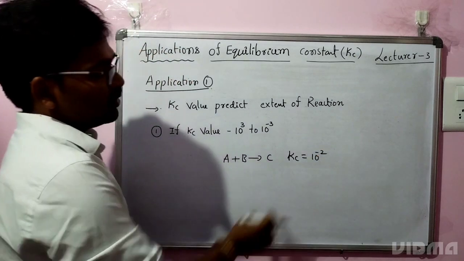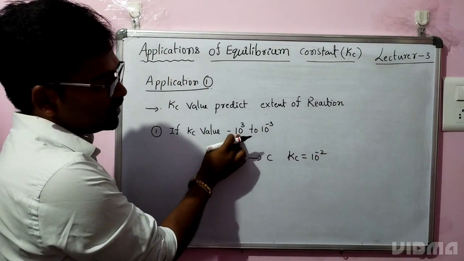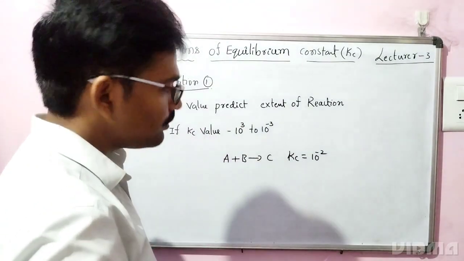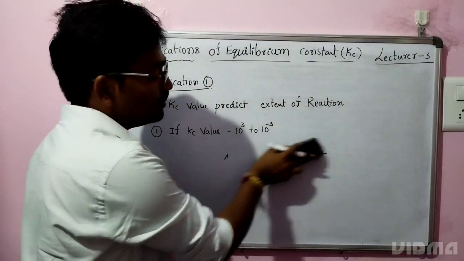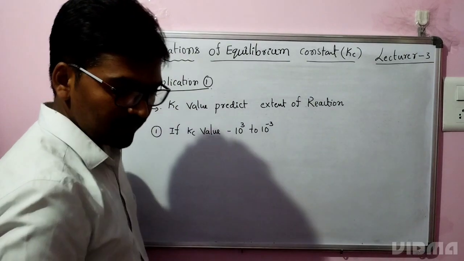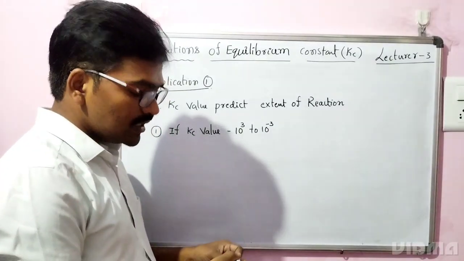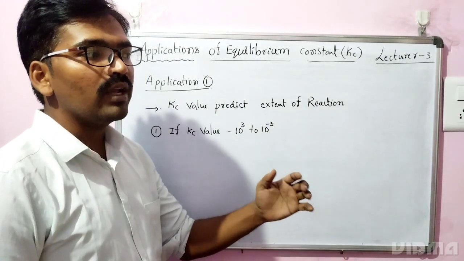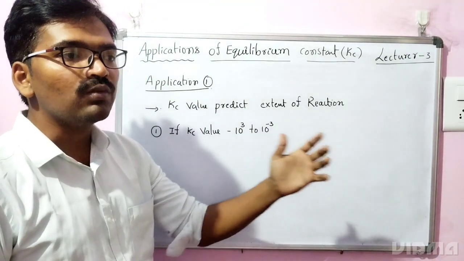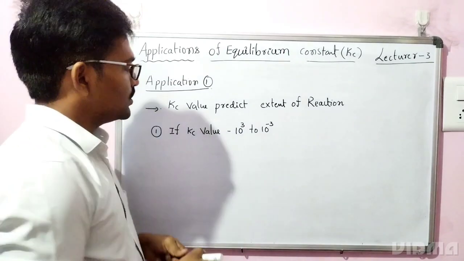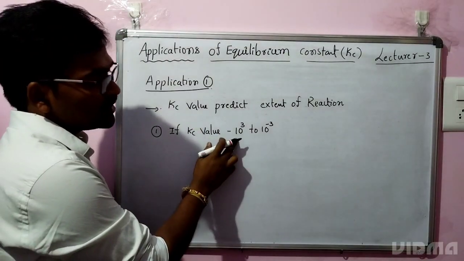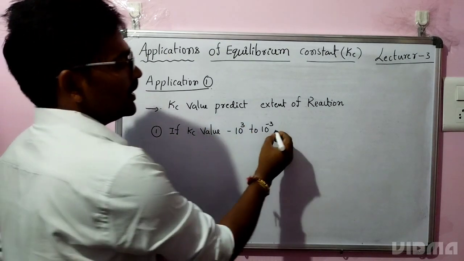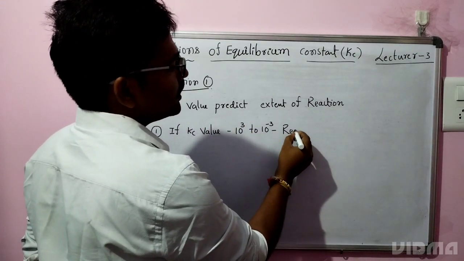Now the value is in between 10 to the power of minus 3 and 10 to the power of 3, so that reaction is present in the equilibrium position, not extending more towards the product side or the reactant side. So if Kc value is 10 to the power of minus 3 to 10 to the power of 3, then the reaction is present in equilibrium.